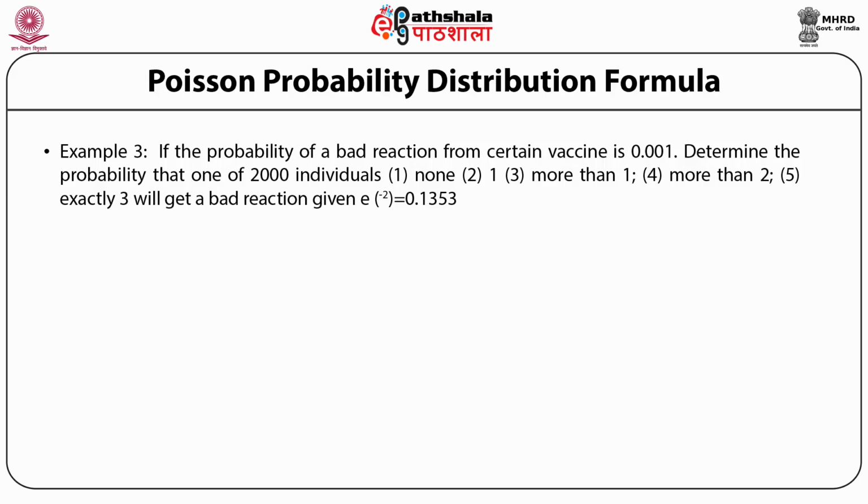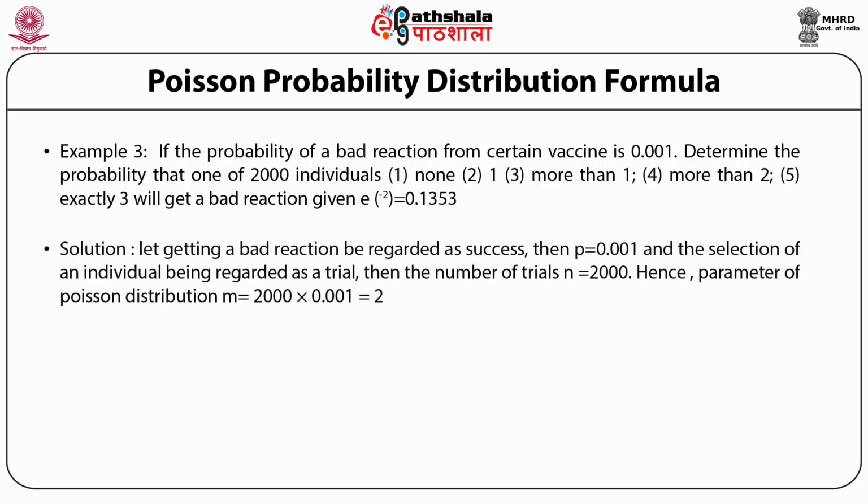So e raised to power minus lambda means lambda is equal to 2. Let getting a bad reaction be regarded as success, then p is given. The selection of an individual is regarded as a trial, so the number of trials n is equal to 2000. Hence the parameter of Poisson distribution, m, is equal to 2000 into 0.001, which is 2. The hint was already given in the question, that e raised to power minus 2, that means e raised to power minus lambda.